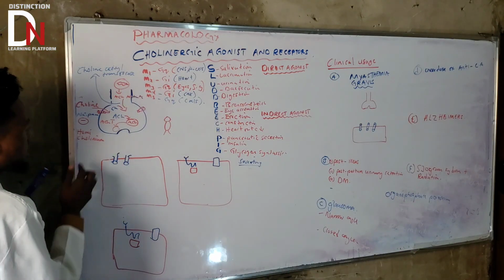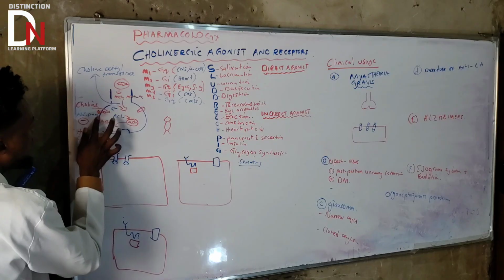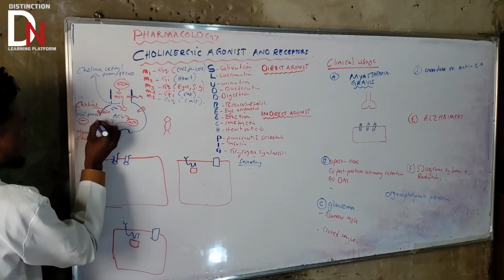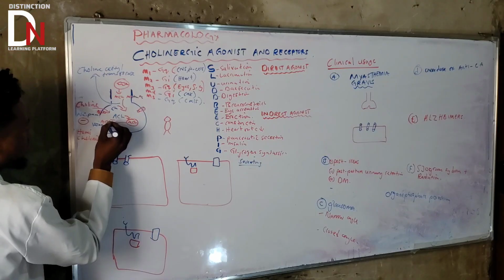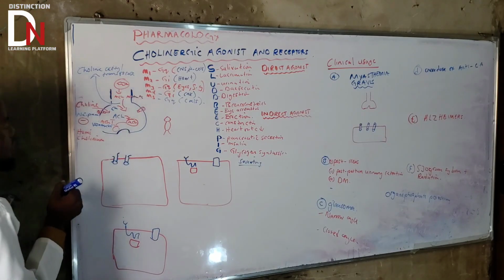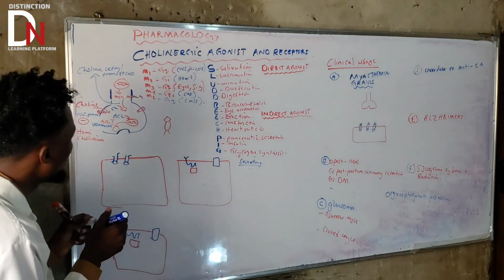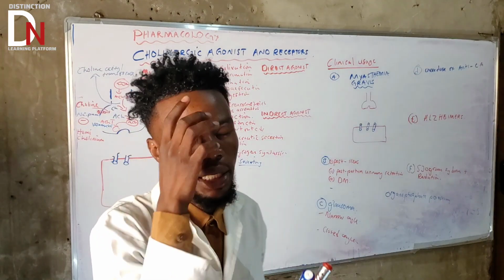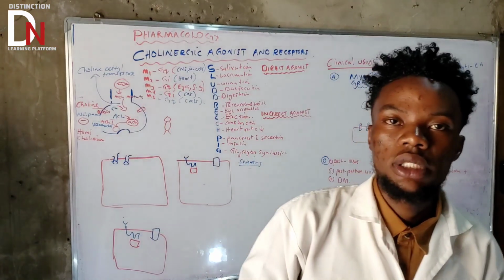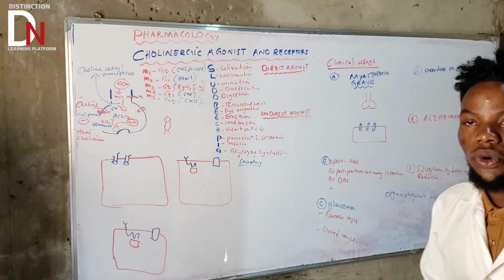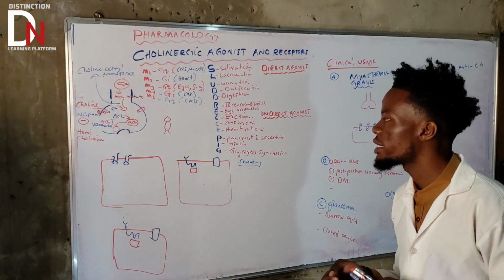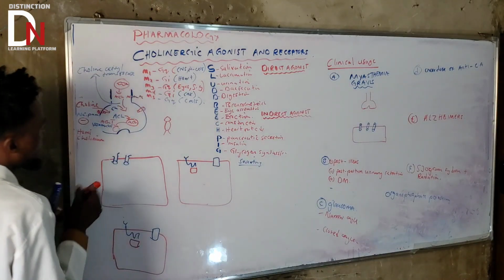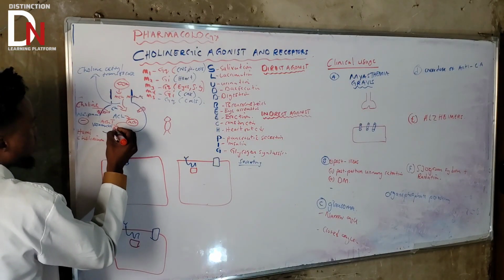We call it vesamicol. Vesamicol is a drug that inhibits the acetylcholine transporter. If you inhibit that, you're going to decrease or inhibit production of acetylcholine.